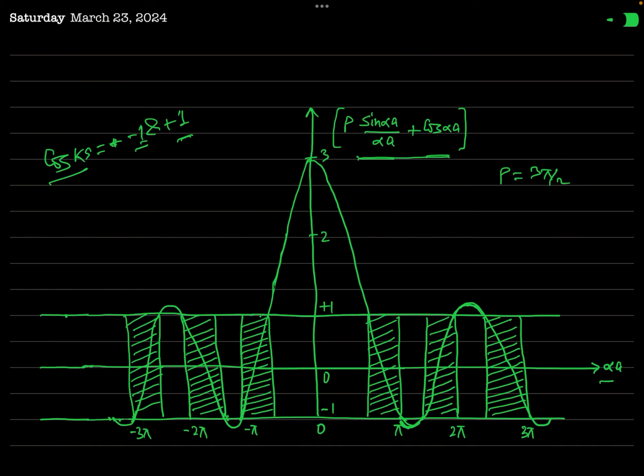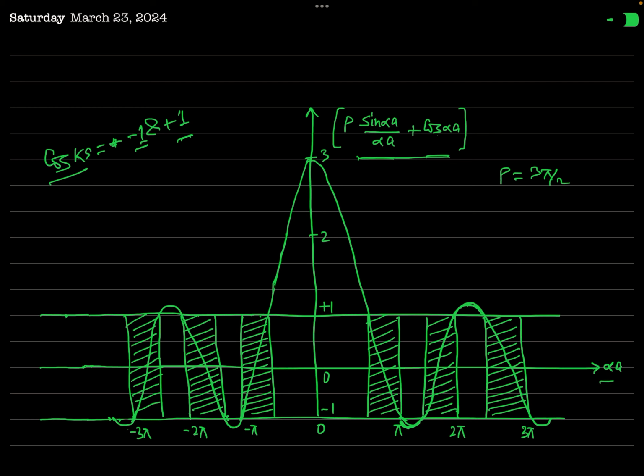Those values of alpha A will be allowed values. But the other values of alpha A, for which this expression is less than -1 or greater than +1, cannot be allowed, and the energy of the electron in that condition will not be an energy of an electron in the crystal. Those electrons are not present in the crystal at that energy level.